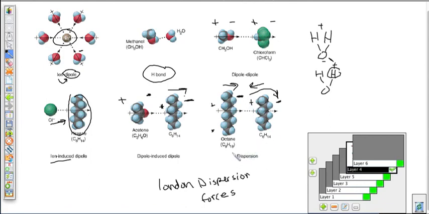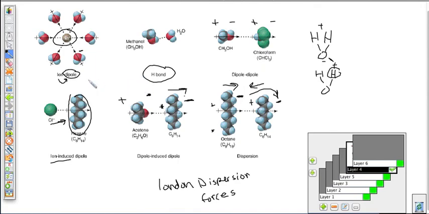But at any given moment, any nonpolar molecule might have an unequal distribution of its electrons. Therefore, it would have this temporary dipole-dipole situation.